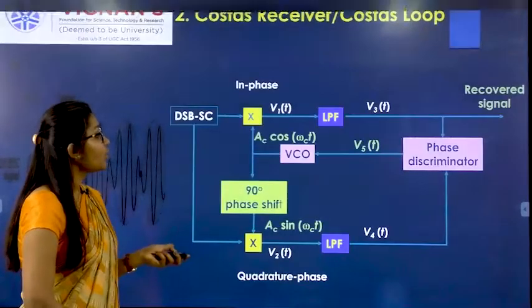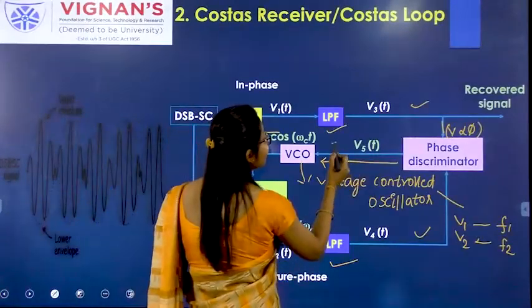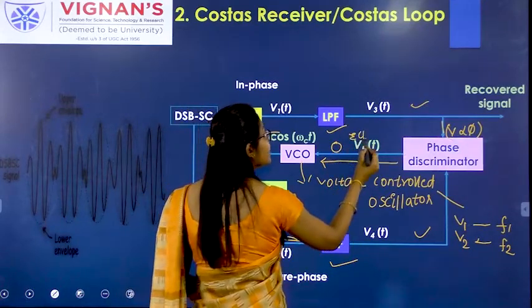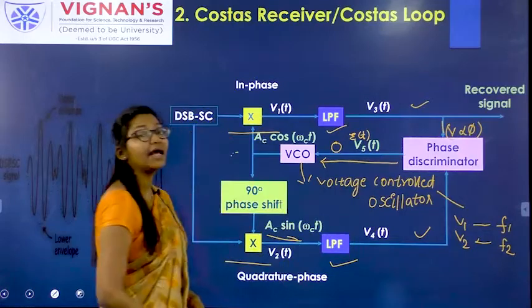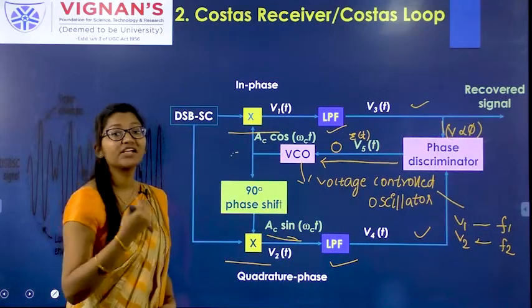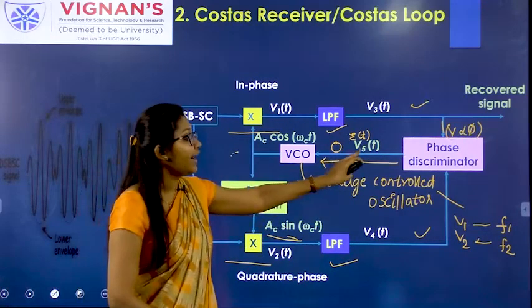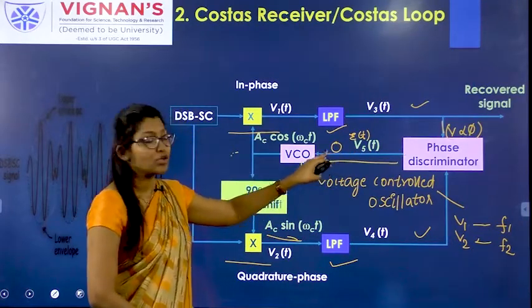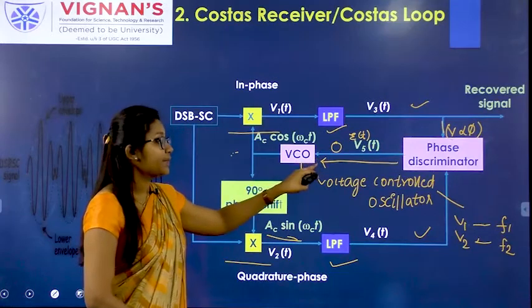So when V5 of t is producing 0, it is nothing but the error. This V5 of t is nothing but an error. How much phase error you are getting, we are finding out here. So that error we are having as 0.